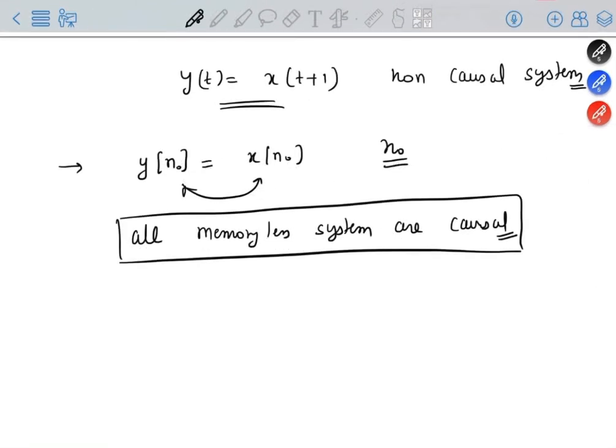So now we'll solve some examples to understand the causality of a system in a better manner. So we will take example 1. We have a system whose relationship is defined as y[n] is equal to x[minus n], and we want to check whether this system is causal or not. So we will first take a timestamp.